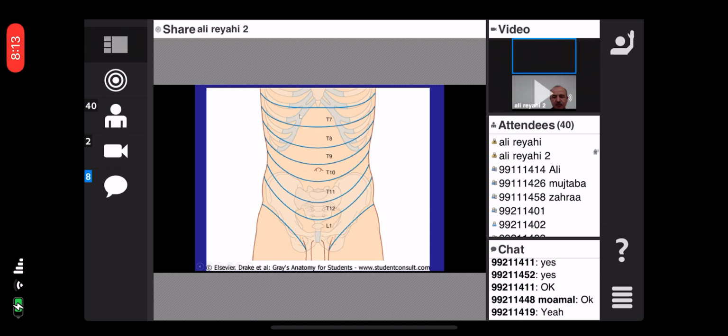And the dermatome of the abdominal wall begins inferior to the xiphoid process and is innervated by T7 to L1. You can see the lower 6 thoracic nerves from T7 to T12 and branches of L1. And also you can see the skin around the umbilicus, for example, is innervated by T10.